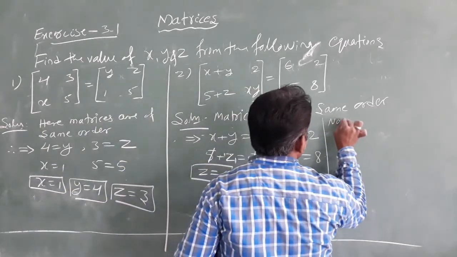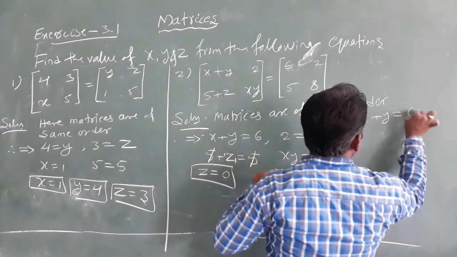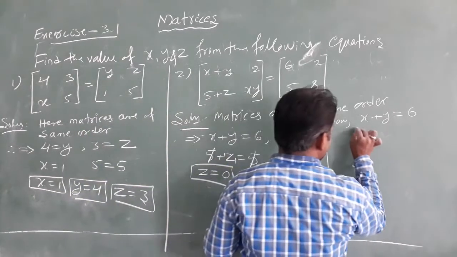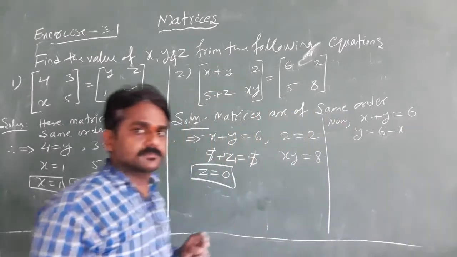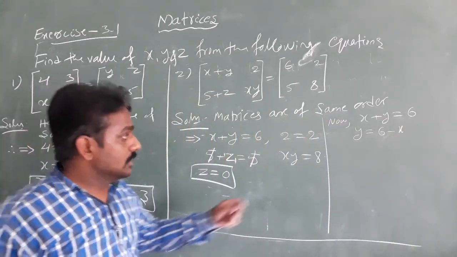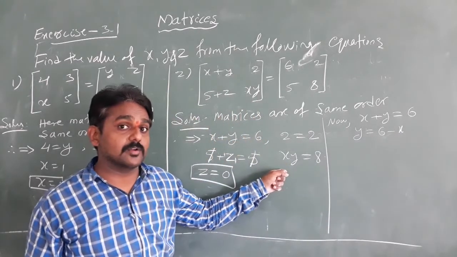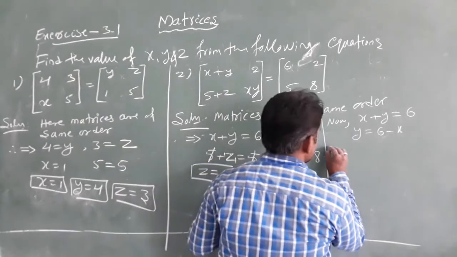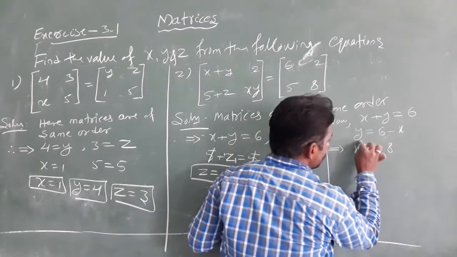Now, x plus y equals 6, so I may write it as y equal to 6 minus x. Use y equal to 6 minus x in the equation xy equal to 8. You will get another value.